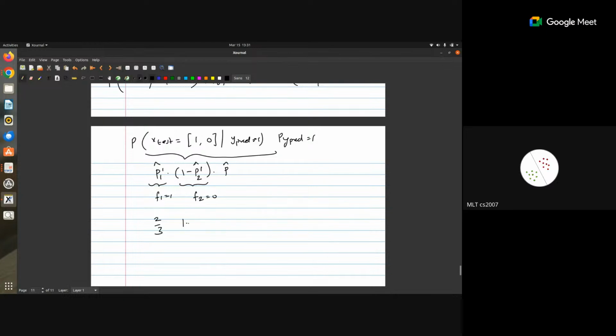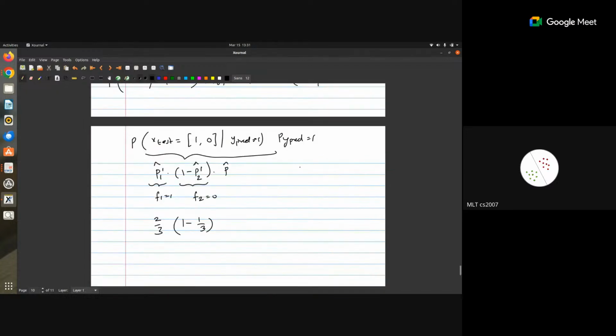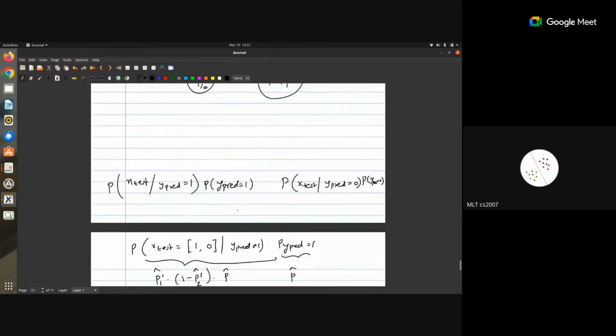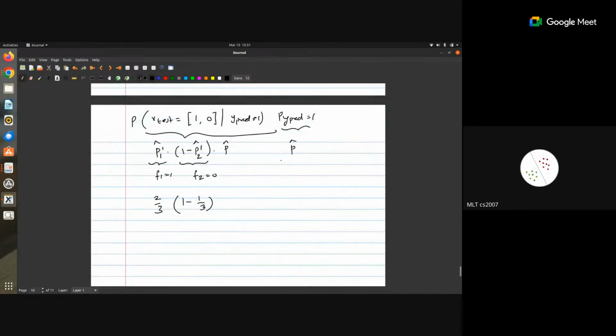This is 1 minus 1 by 3, because p2 1 hat is 1 by 3. So we need it to be 0. And now the prediction on the y side is p hat, which is 3 by 5. So I'll write 3 by 5.